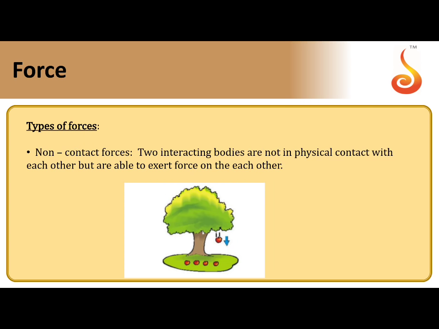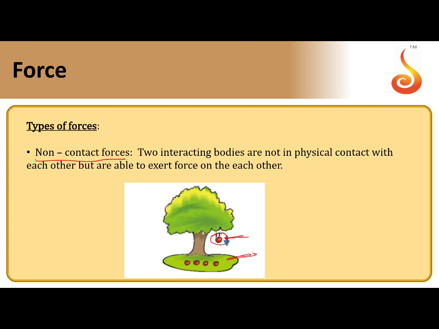The next one is non contact force. Let's say, for example, here, any object which is falling under the gravity, Earth is pulling with a gravitational force. In this case, there is no contact between the Earth and the object. They are called as non contact forces.